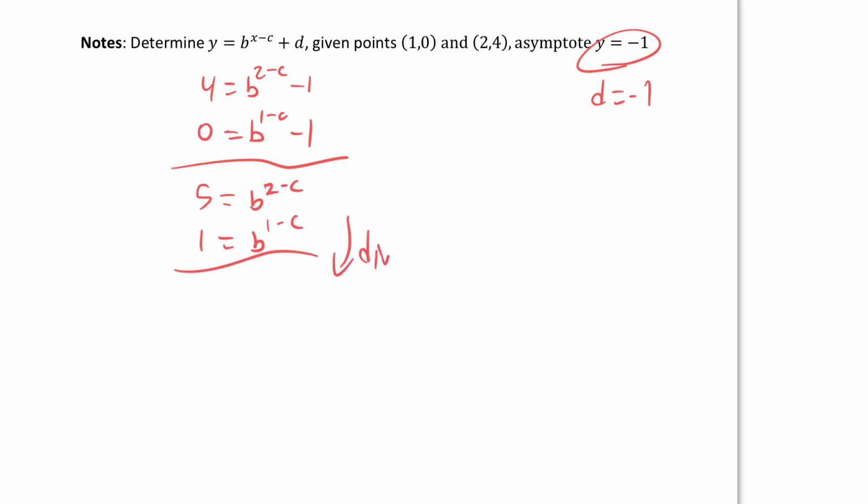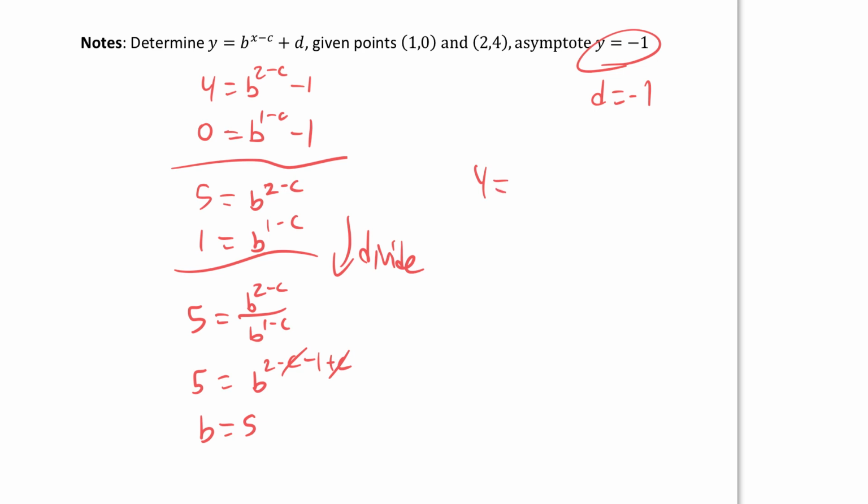Then we divide, and we get 5 equals b to the 2 minus c over b to the 1 minus c. So 5 equals b to the 2 minus c minus 1 plus c. And so b equals 5. Finally, we take that and solve for c.